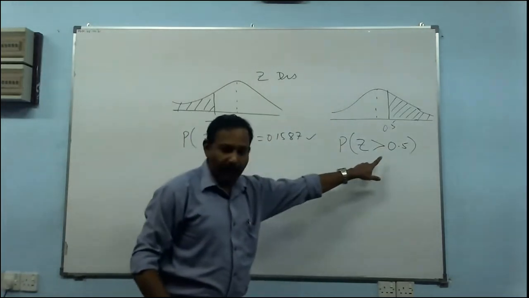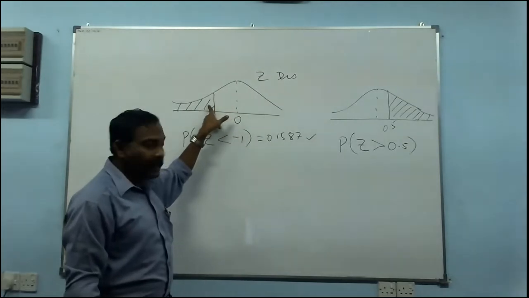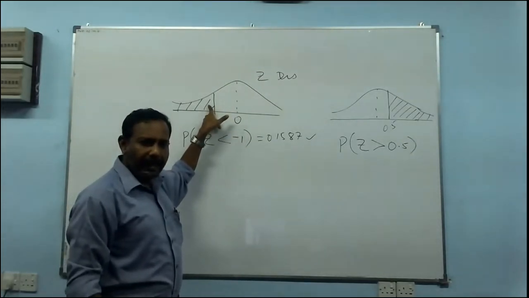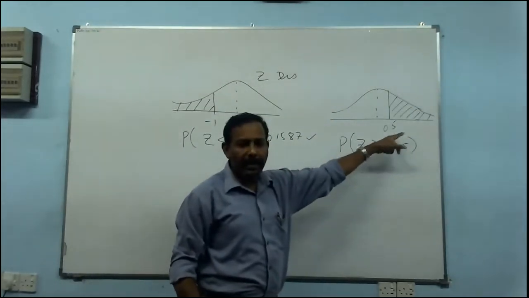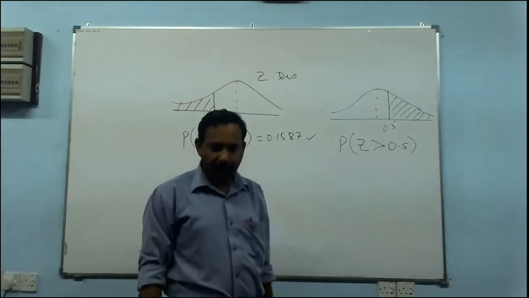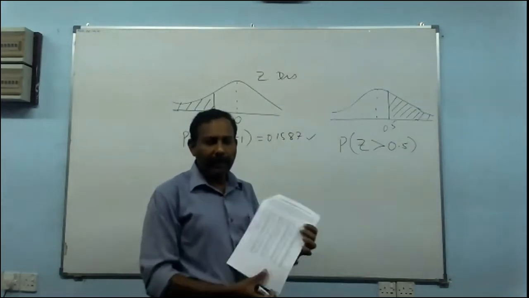Now the story is different compared to the earlier. Earlier, we read the table directly because it is a left side probability. Here it is a right side probability. What can we do? This table gives only the left side one.